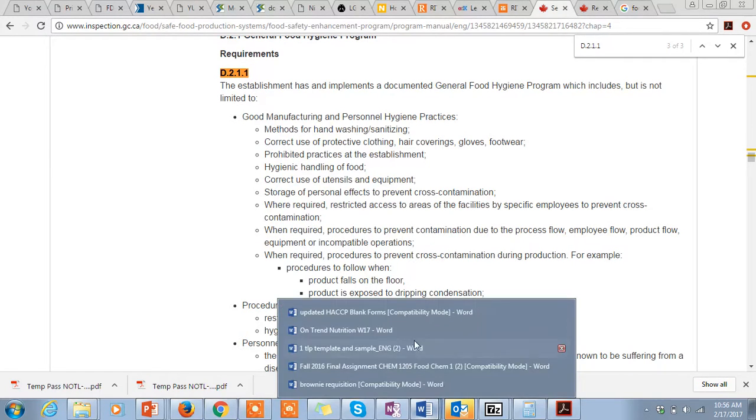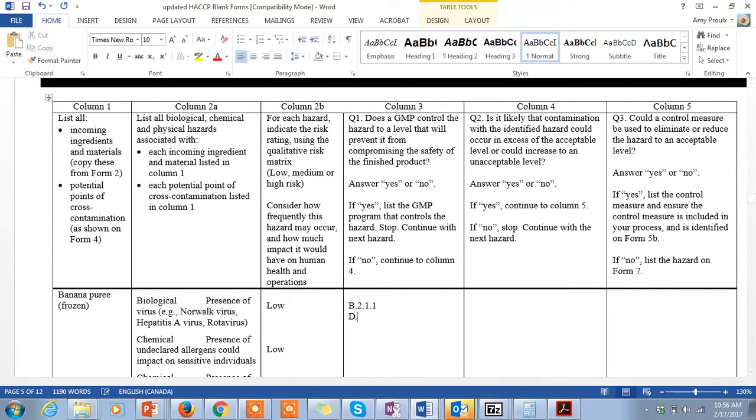So, going back to our HACCP form, D211. You're going to start to see patterns consistently. So, going to our next hazard, we've filled out a GMP for the biological hazard here. Yes. Stop, continue to the next hazard.